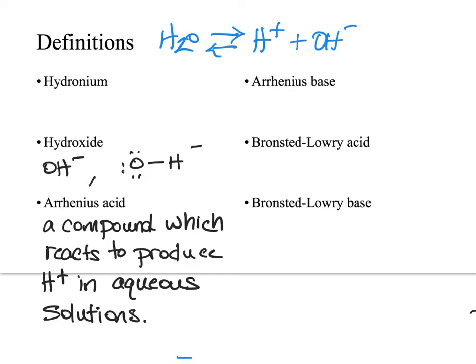The second term related to that is the Arrhenius base, and this is defined as a compound which reacts to produce, in this case, hydroxides in solution.